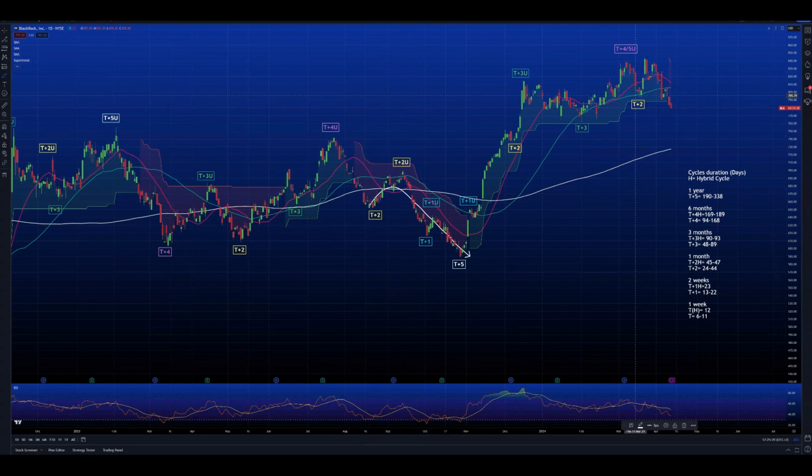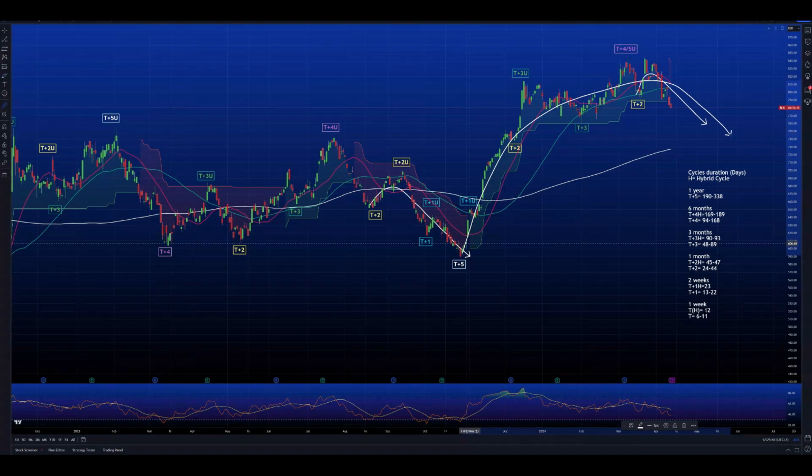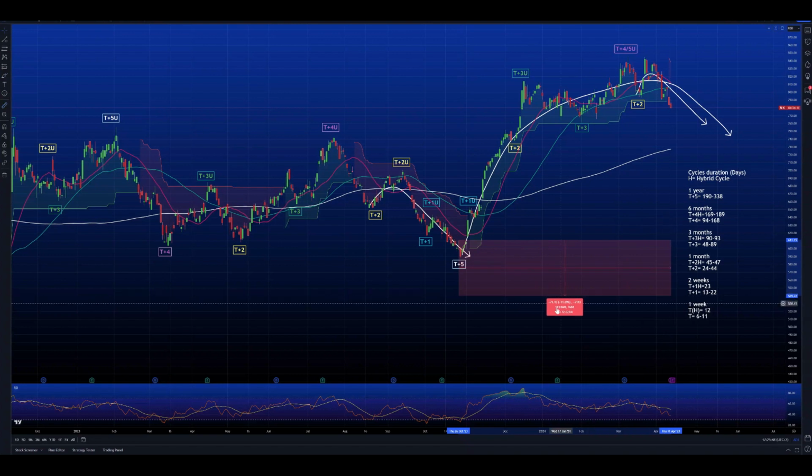So here we risk to have a similar situation as it happened in August. And the fact that we can further go down to close the T plus 2, we allow also to close at T plus 4. And this T plus 4, for the time being, it has lasted 114 days. So we still have time until 168 days to proceed to the downside.